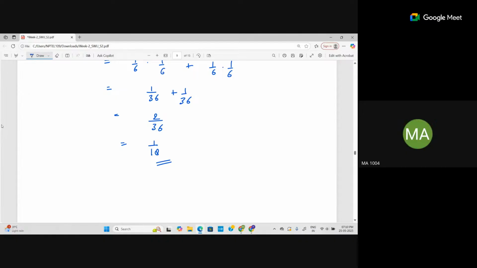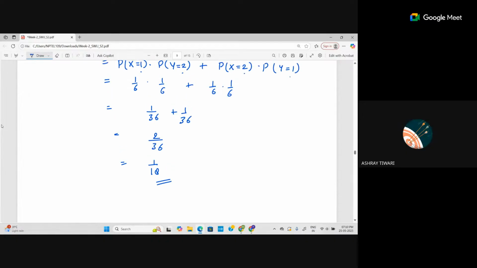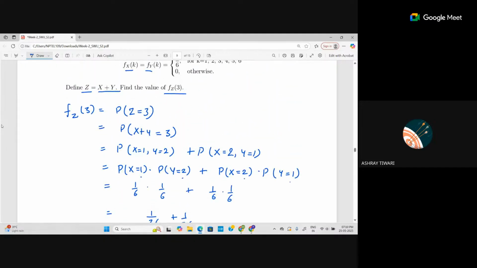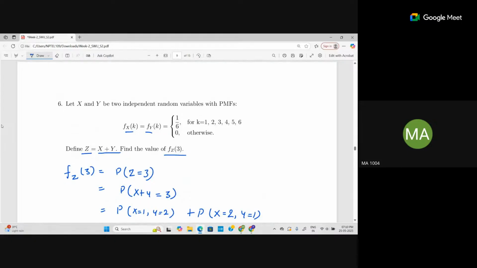Is it clear to everyone? Yes. Ma'am, why are we not taking the 0 case if x is equal to 0 or y is equal to 0? Here in the range, you have to see which values are taken by x and y. So you can see 0 is not there. In the otherwise case, the probability will be 0.